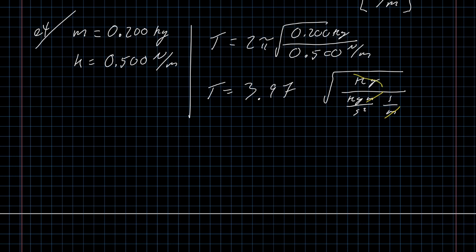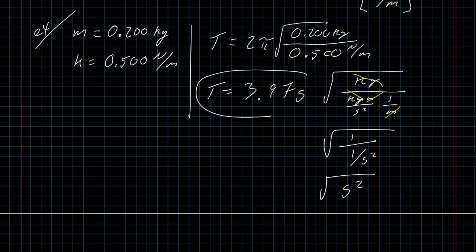And then the kilograms are going to cancel each other out. So I've got left 1 over second squared. And the reciprocal of a number is just that number. So this is the square root of second squared. And the square root of second squared is just seconds.